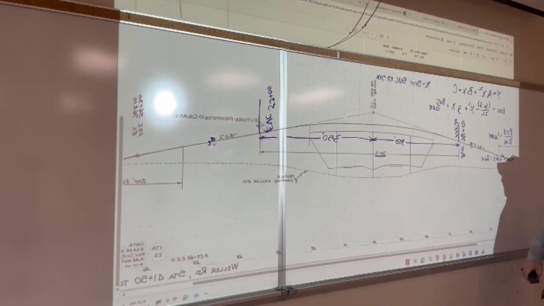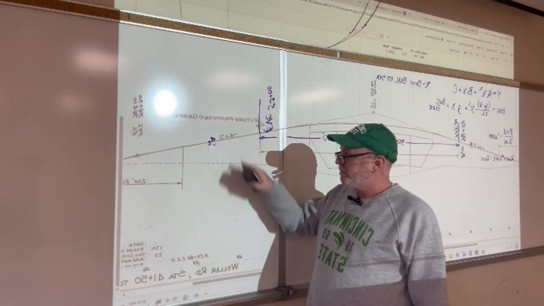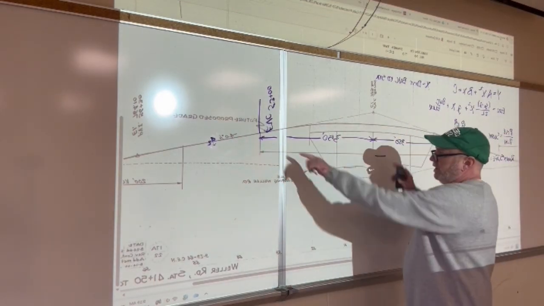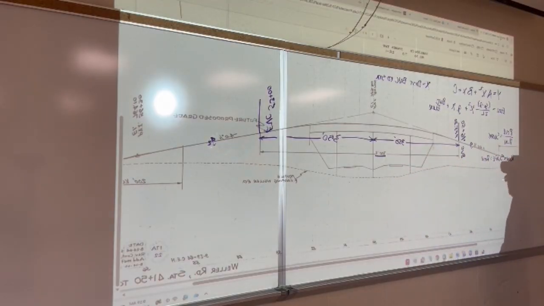Okay, once we have the BVC elevation, we need to look at the EVC elevation. For this example, this works out very nicely because our grade is exactly the same, 4%. Our length is the exact same, 350 feet. So we're going to do the same thing.